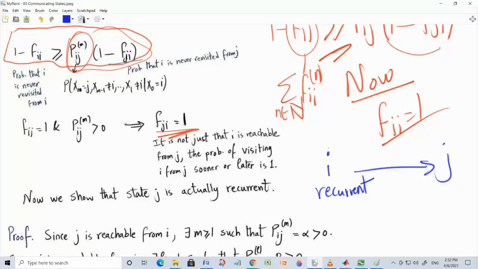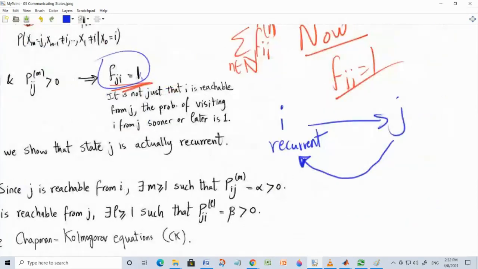If I is recurrent, it must be the case that I itself must be accessible from J, and so our conclusion is that both states communicate. And actually, our proof is that Fji is equal to 1, which means that in state J, sooner or later, you will enter back into state I for the first time with probability 1.